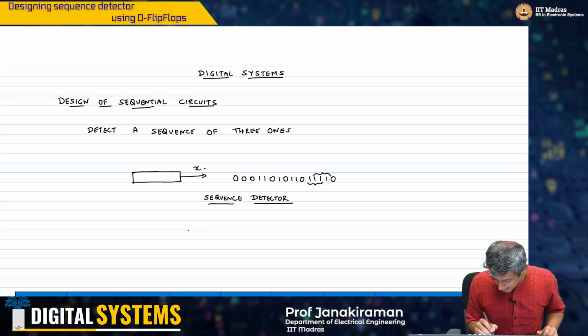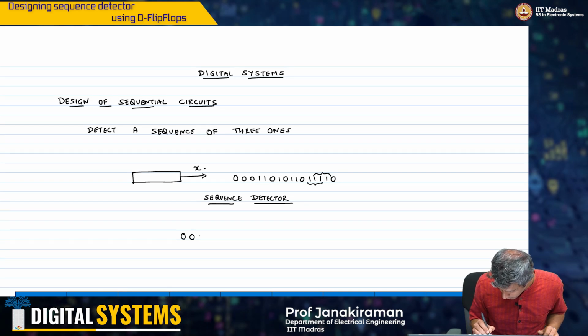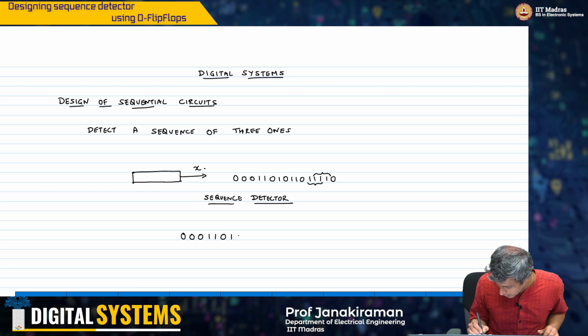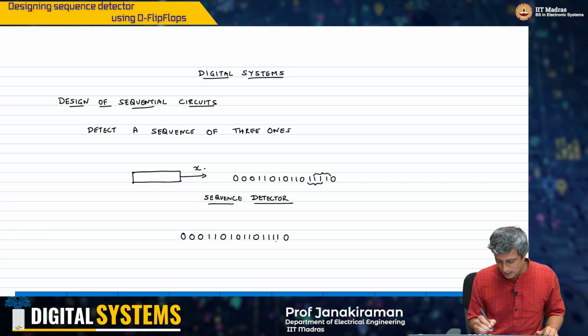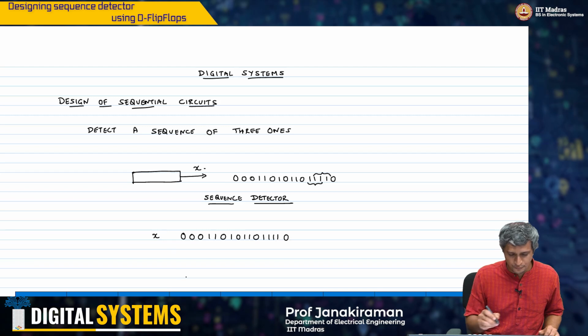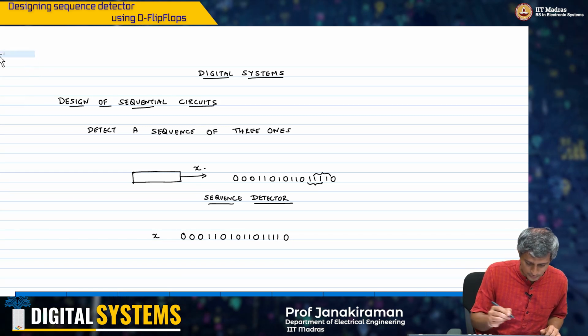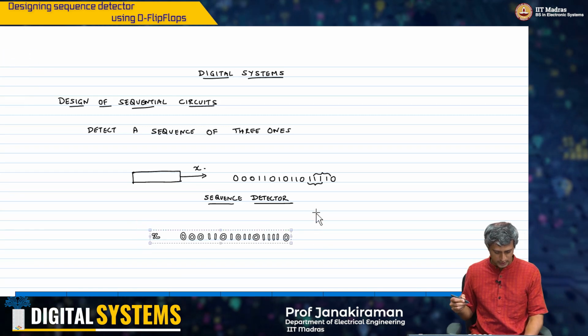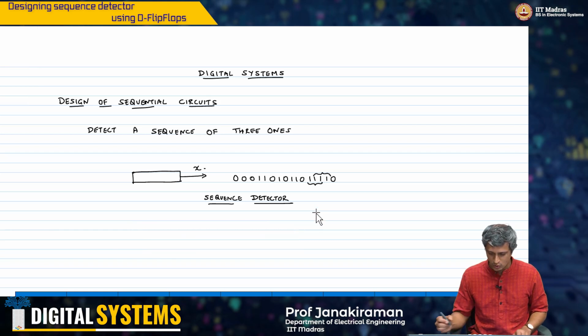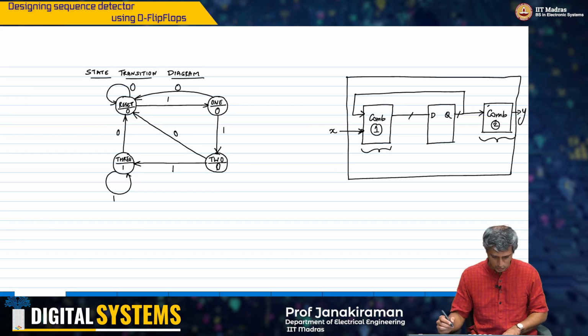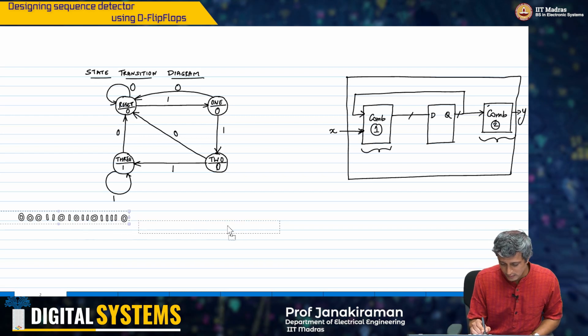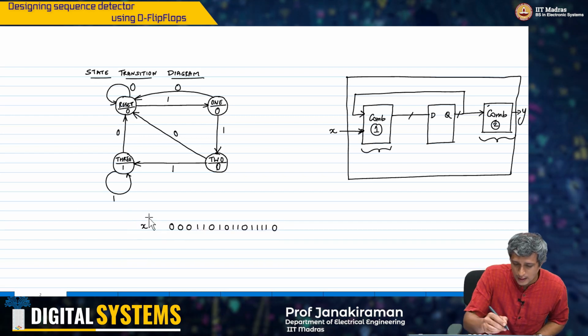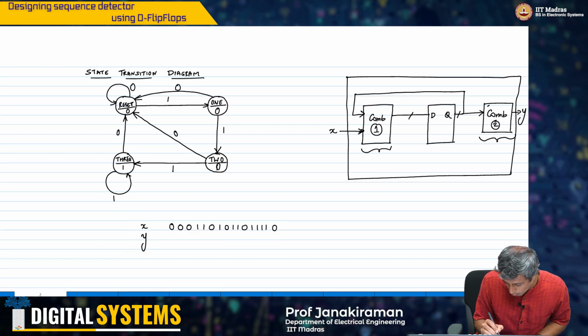okay. So if I take this sequence 0, 0, 0, 1, 1, 0, 1, 0, 1, 1, 1, 1, 0, this is my x, okay. Maybe I'll take that to the next page. Okay, this is my input x, and now I'm going to tell you what my y is.